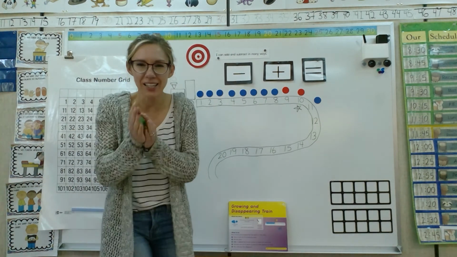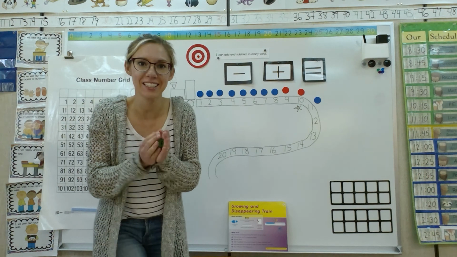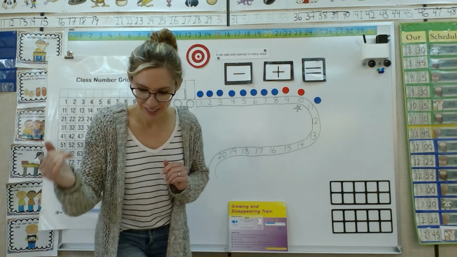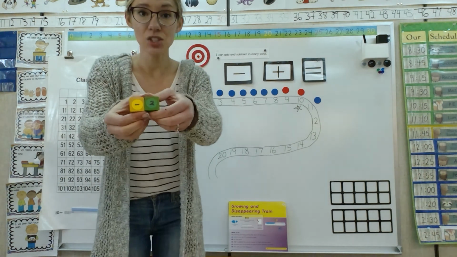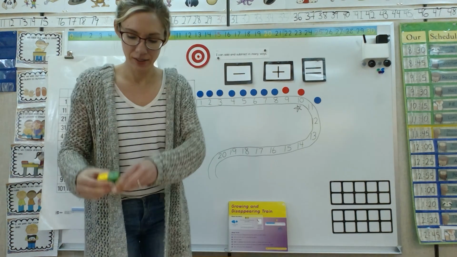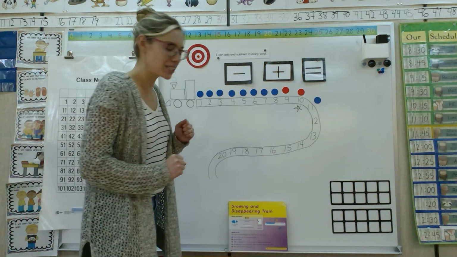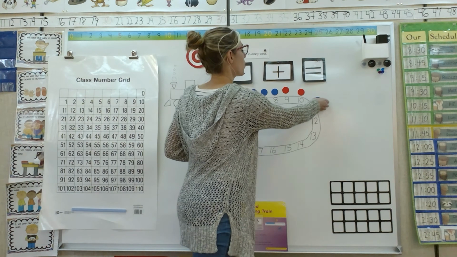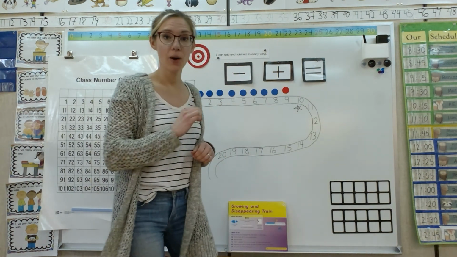All right, come on. Let's hope for subtraction. I like subtraction. Minus 2. All right, so now we're going to get to disappear our train a little bit. Let's take 1, 2 away.